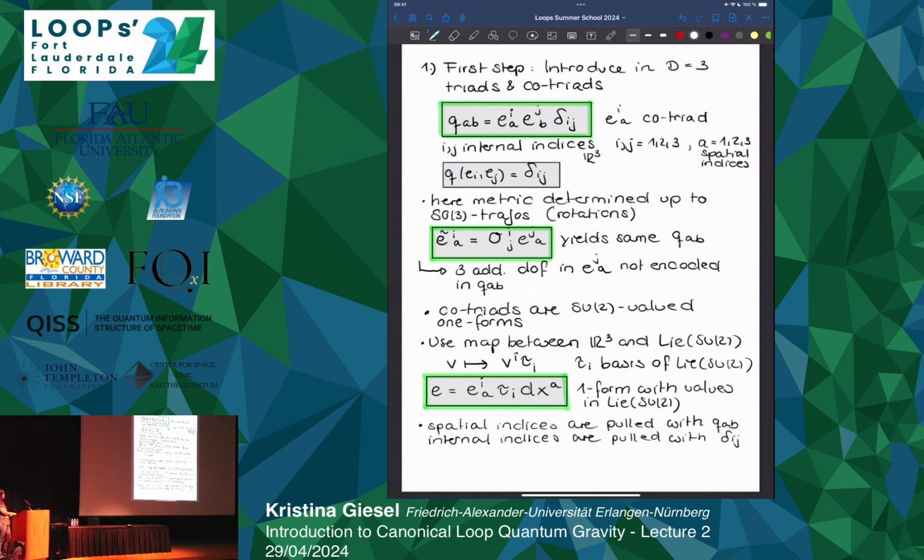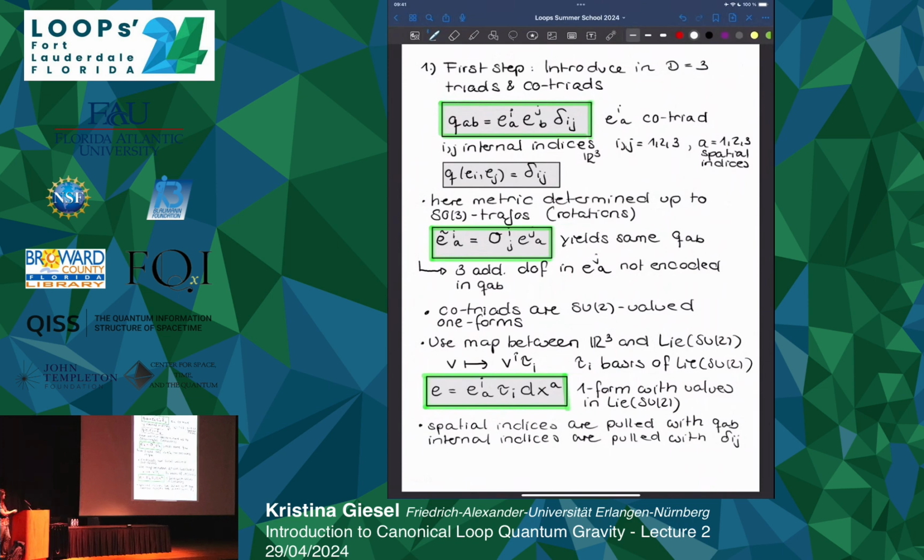Now, since the Lie algebras of SO(3) and SU(2) are isomorphic, we can also consider this as an su(2) Lie algebra valued 1-form. So why SU(2)? It's also more convenient later if you want to introduce, for instance, fermions. So we will stick from here on with su(2) Lie algebra valued 1-forms.